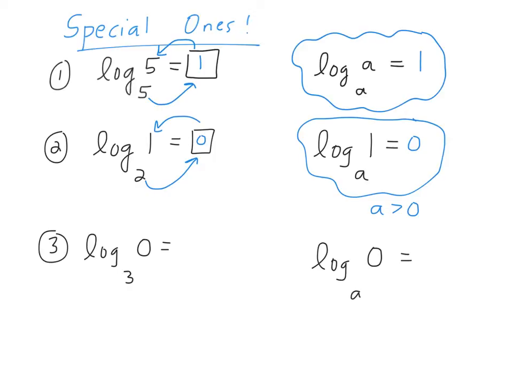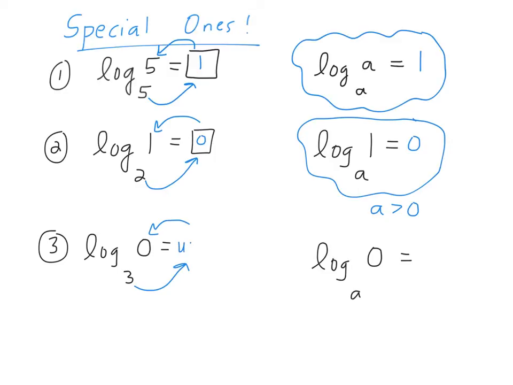Suppose we wish to find the value of log base 3 of 0, or in general, log base a of 0. We're trying to figure out, 3 raised to what will give me 0? It's tempting to think the answer would be 0, but recall that 3 to the 0 would give us 1, not 0. You can think all day long; the bottom line is you're not going to come up with an answer.